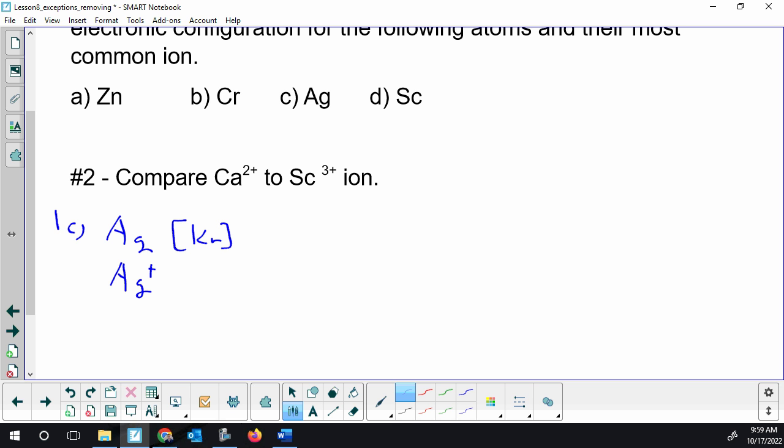Silver atomic number 47, if I go all the way over to atomic 37, rubidium, that's in the 5s block, and then we're into the 4d, starting with yttrium at atomic number 39. So I got 5s, 4d. I'm going to label it once for the atom and the ion, and then I got my 4d's.